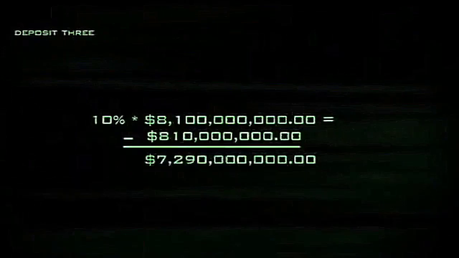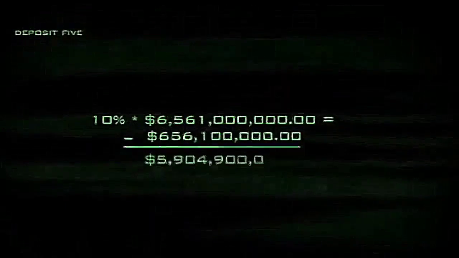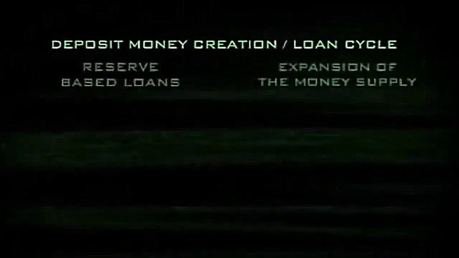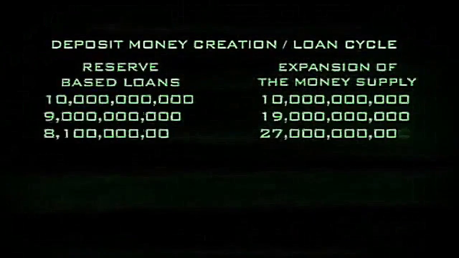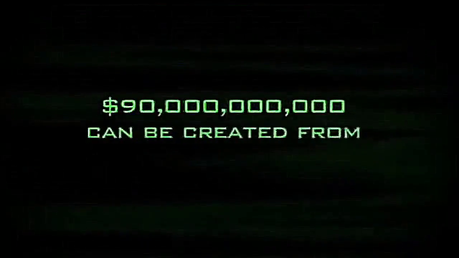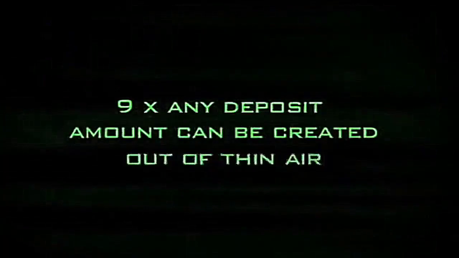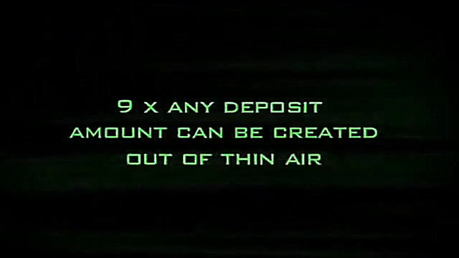And of course, that 8.1 can be loaned out and redeposited, creating an additional 7.2 billion, then 6.5 billion, then 5.9 billion, etc. This deposit money creation loan cycle can technically go on to infinity. The average mathematical result is that about $90 billion can be created on top of the original $10 billion. In other words, for every deposit that ever occurs in the banking system, about 9 times that amount can be created out of thin air.